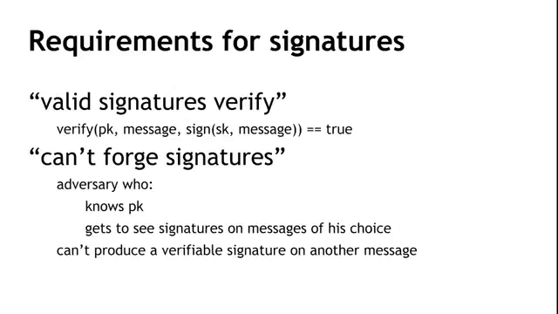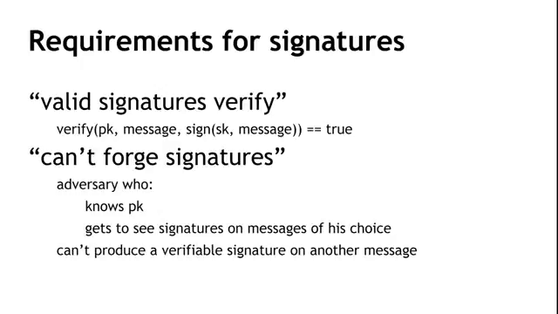The requirements for signatures, at a slightly more technical level, are the following two. First of all, valid signatures will verify. That is, if I sign a message with SK, my secret key, and someone later tries to validate it using my public key and the same message, it will validate correctly.